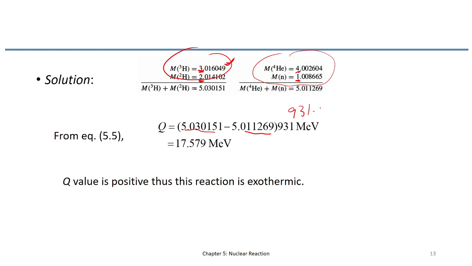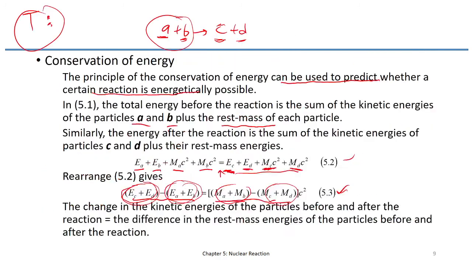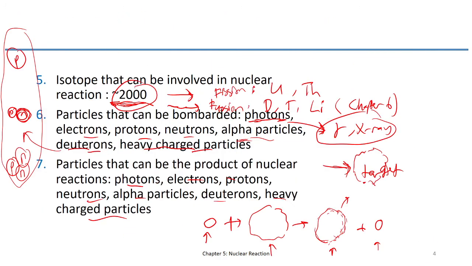It would be better if you use 931.494 instead of 931. Then you get 17.579 mega electron volts. I think that's for now.